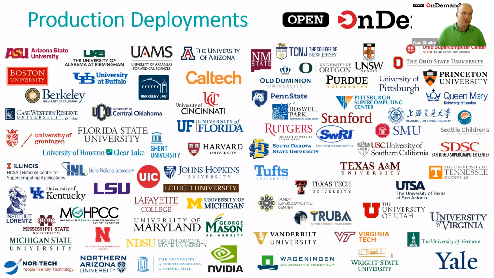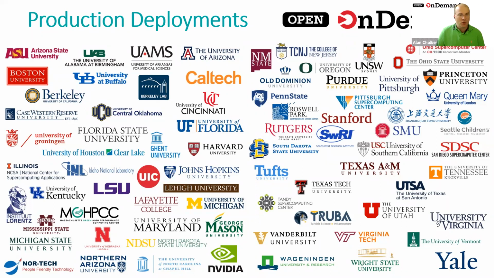So if you do not see your logo on this list, we'd love to hear from you. We'd love to include your logo on this list because, unless you tell us, we're not going to be able to put it on here. And that helps ensure the growth of the community and the long-term sustainability.